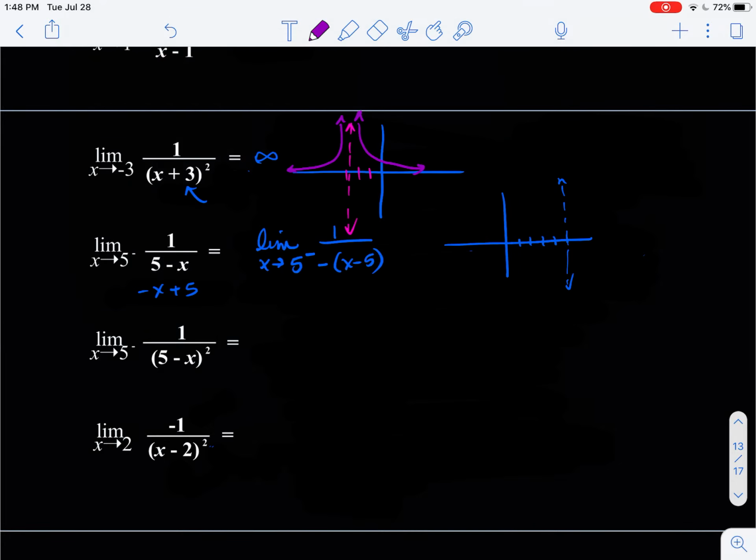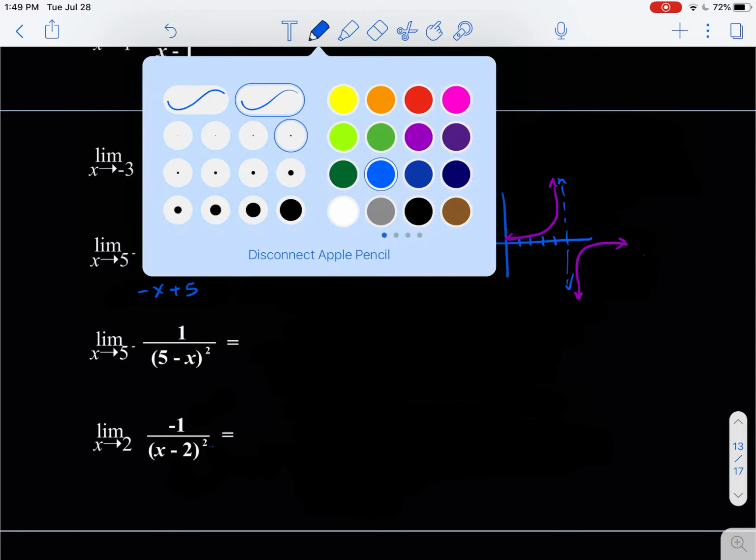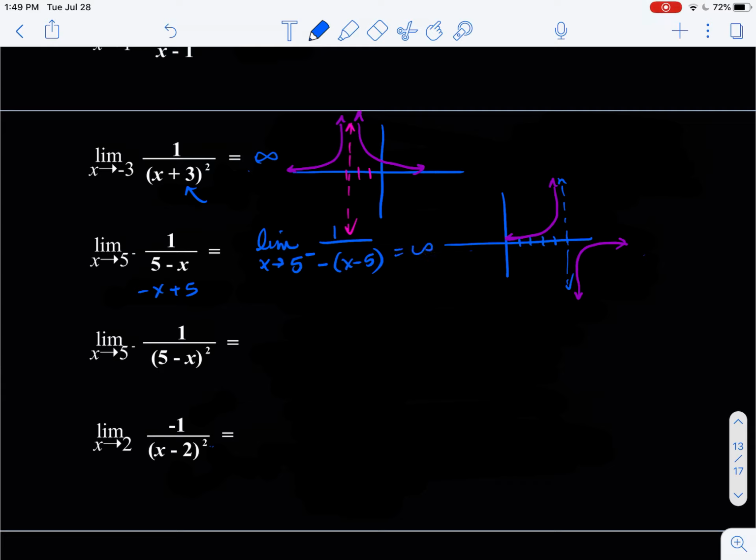But instead of usually being in quadrants 1 and 3, the negative is going to cause it to reflect. And so it's going to look something like this. And so the limit as x approaches 5 from the left, from the left side as we approach 5, it's going up forever. And so that's going to be infinity or does not exist.